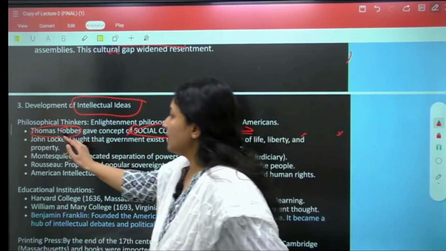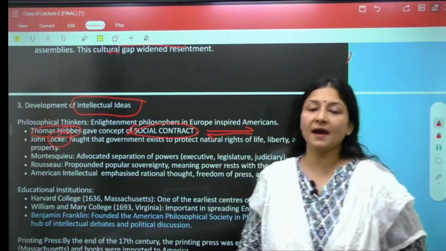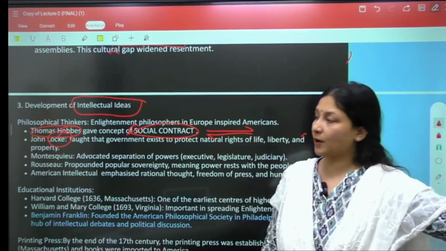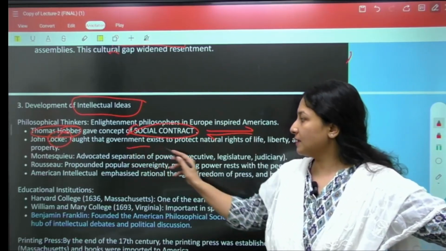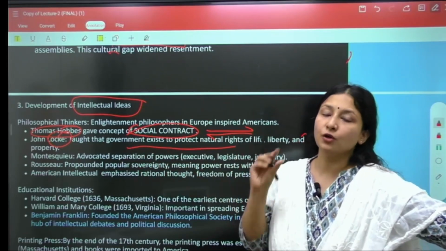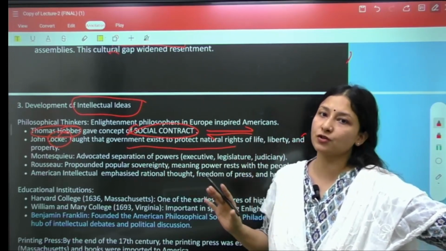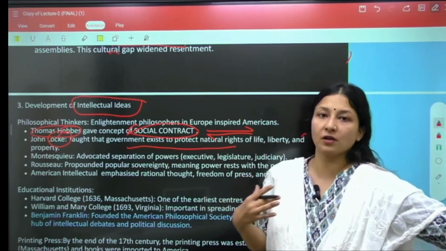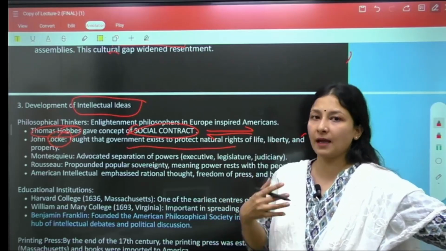John Locke, he says that there is a concept of private property. Government is present to protect the natural right of the property, right to birth, right to live, right to property. Government can't take away that right.